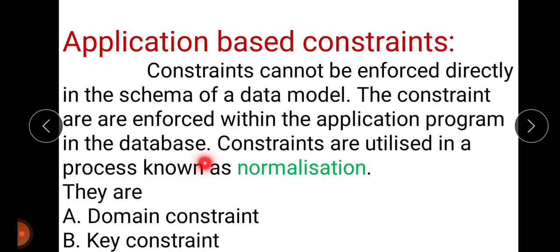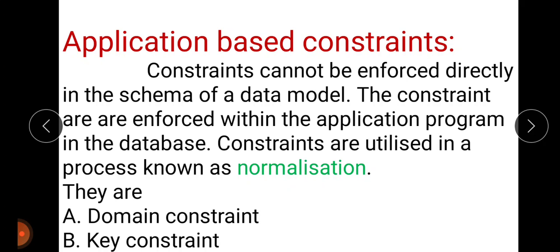This constraint utilization is called normalization. The constraints cannot be enforced directly to the schema of a data model, so they are given to an application program of a database. That process is known as normalization.